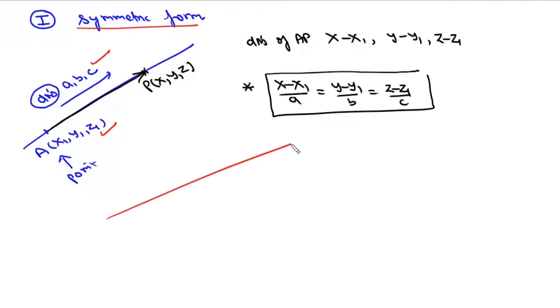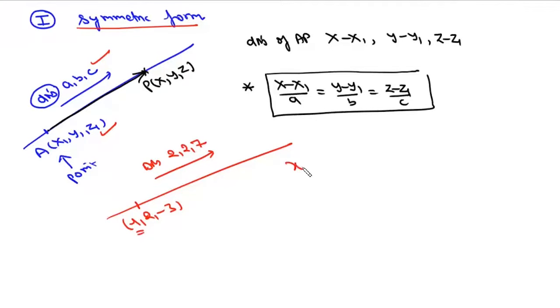Now say for example, we have to find equation of a straight line which passes through the point minus 1, 2 and minus 3, and which is in the direction of a vector whose direction ratios are 2, 2 and 7. Now it is x minus x1.